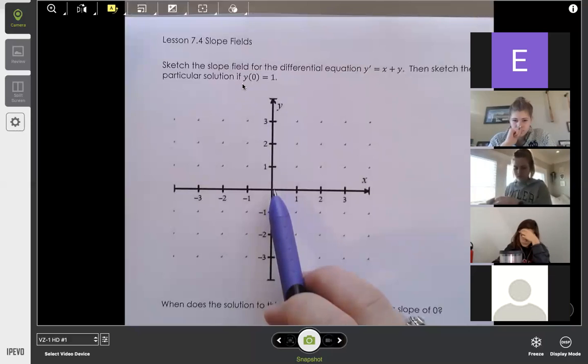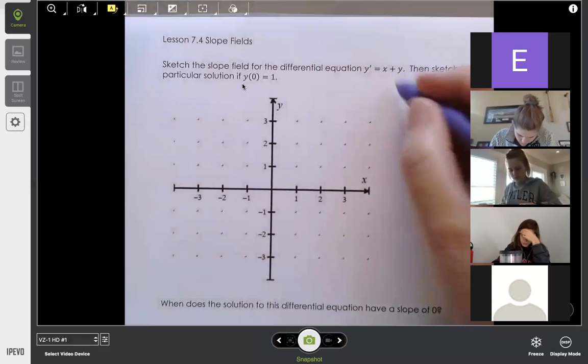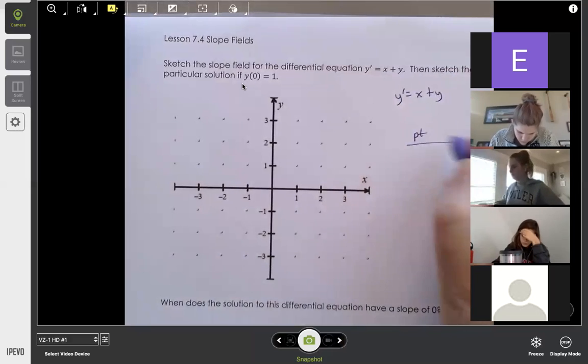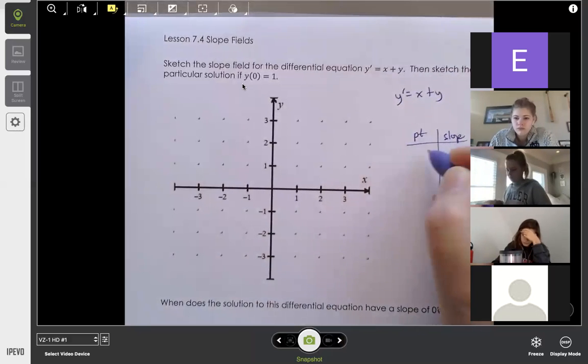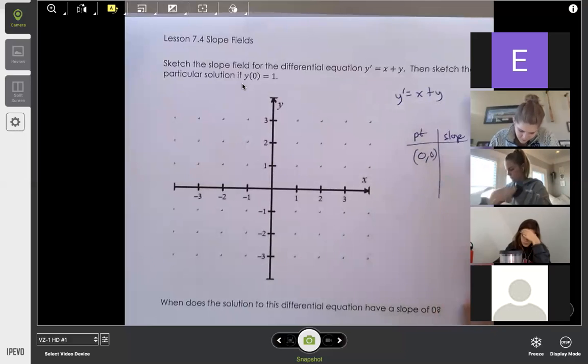Would it be 1? At the point 0, 0, y prime equals x plus y. So if the point is 0, 0, the slope is 0. Does that make sense?